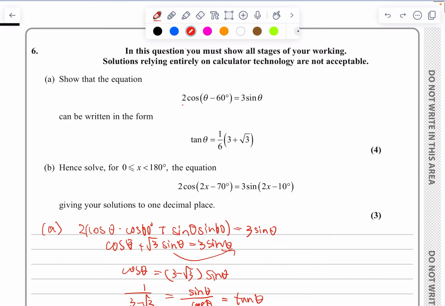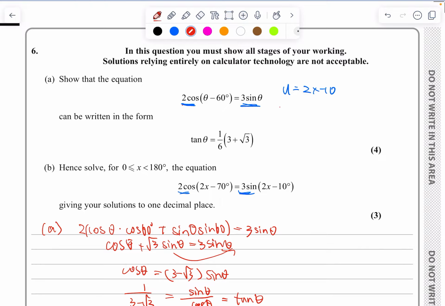Okay, so this is how I would do it. You see 2 cosine, 3 sine here, right? And then you can see that minus 70 and minus 10. So that means there is a 60-degree difference, which is exactly what we want. So what we do is u equals 2x minus 10.